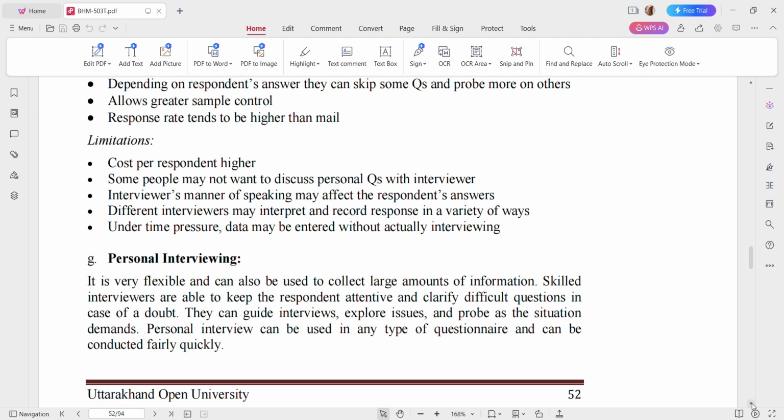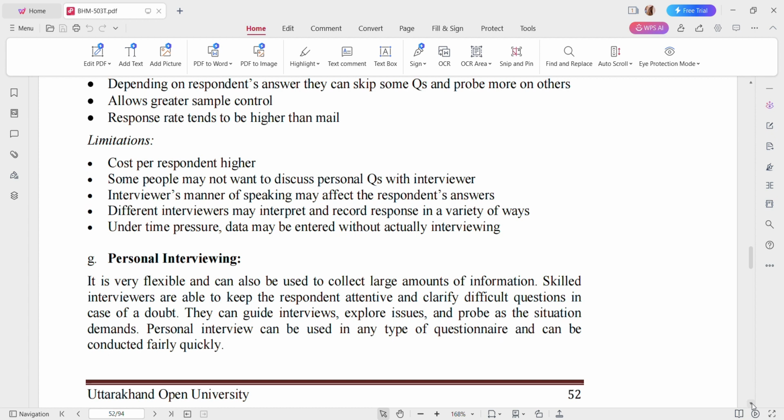When you do a personal interview, if you are very skilled, napaka-advantage nun sa side ng researcher, kasi you let the respondents be attentive, nakukuha mo yung attention nila, and the tendency also is to clarify difficult questions. Alright? So they can guide interviews, explore issues, and improve as the situation demands. Personal interview can be used for any type of question and can be conducted fairly quickly.